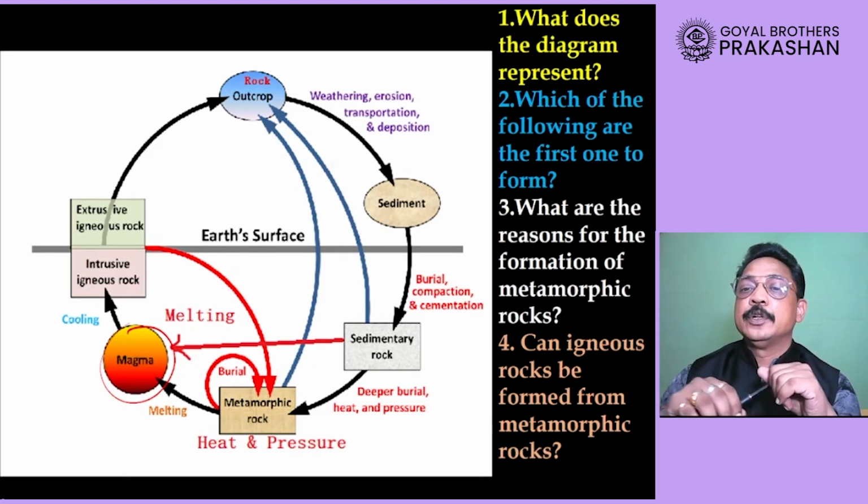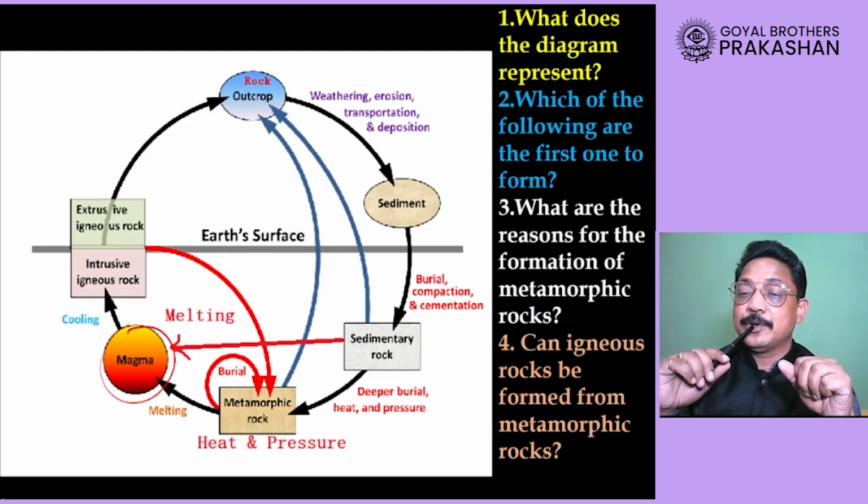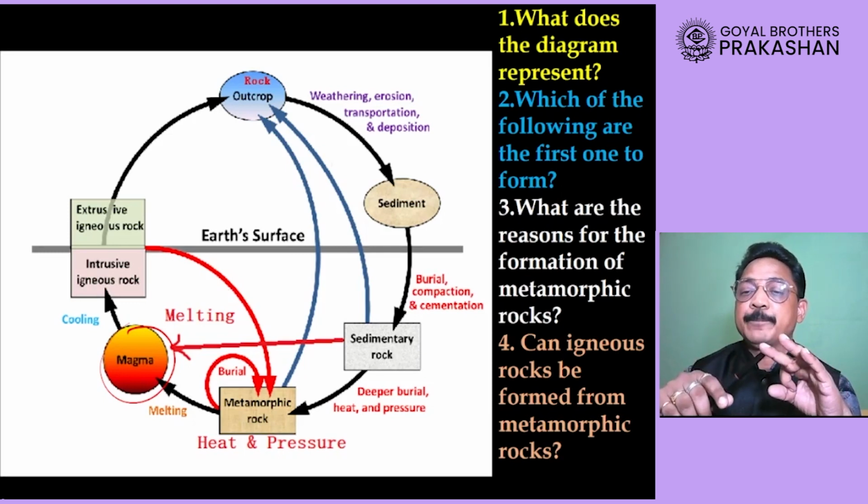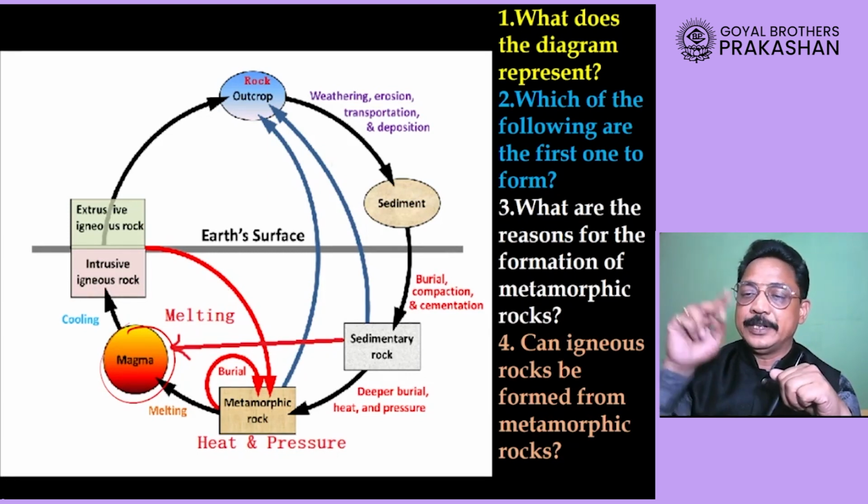Question 2. Which of the following are the first one to form? So the first one to form are which rocks, dear student? Yes, they are igneous rocks. Question 3. What are the reasons for formation of metamorphic rock? Looking at this diagram, we find there are two reasons.